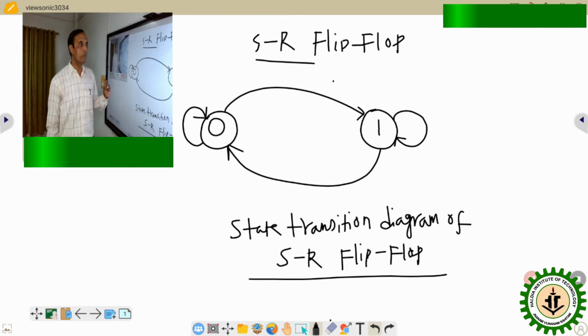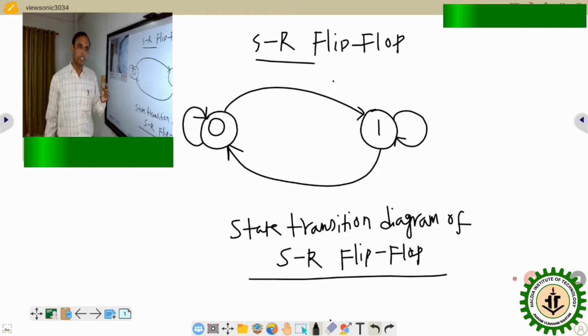Now at which time it is happening, that we can know from the excitation table of SR flip-flop. What is an excitation table? Excitation table is that table where we can understand, from one state to another state, which value of input, that means which value of S and R, we are getting that state transition.